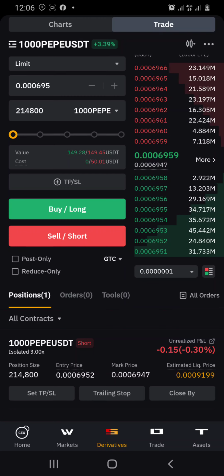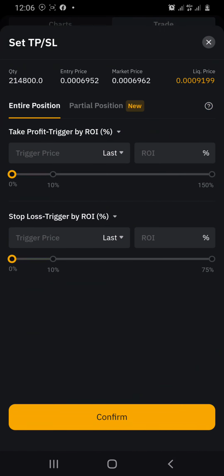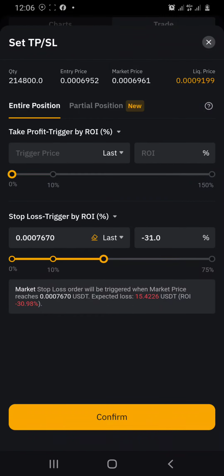That's basically how I do my trades. Set your TP and stop loss. I don't usually set TP, that's take profit. I only set my stop loss at 30%. Then confirm.